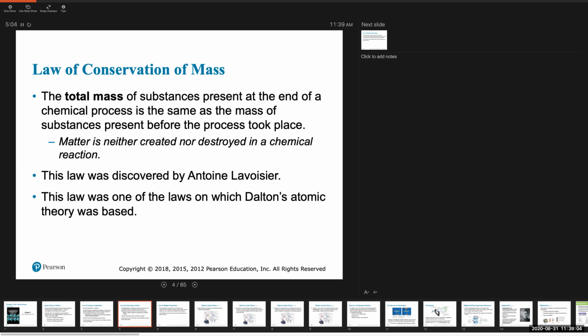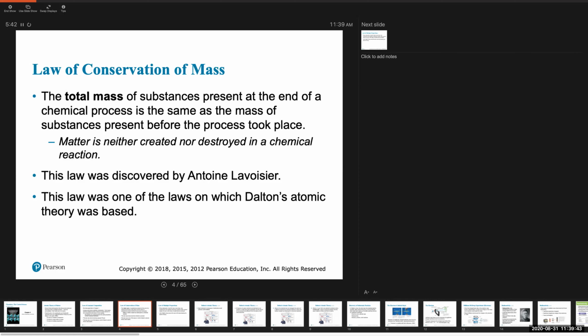The law of conservation of mass tells us that if we have a substance with a total mass and then we do some type of reaction, the matter is neither destroyed nor created. What that means is, if you have 2 compounds and you react them, and there's a certain number of, say, carbon, hydrogen, and oxygen atoms in each of those compounds, whatever is formed will have the same number of carbon, hydrogen, and oxygen atoms as those starting materials did.